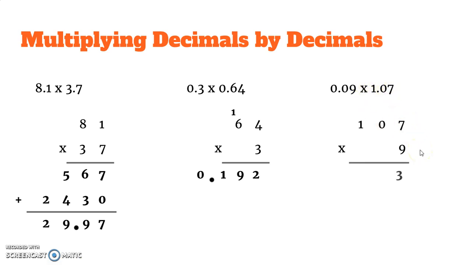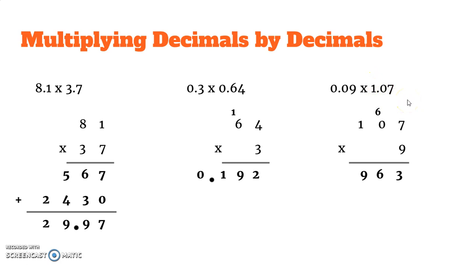So 7 times 9 is 63, carry 6. 0 times 9 is 0, plus 6 is 6. And 1 times 9 is 9. Again, it comes down to where is my decimal point going to go? Well, in this problem, I have hundredths times hundredths.